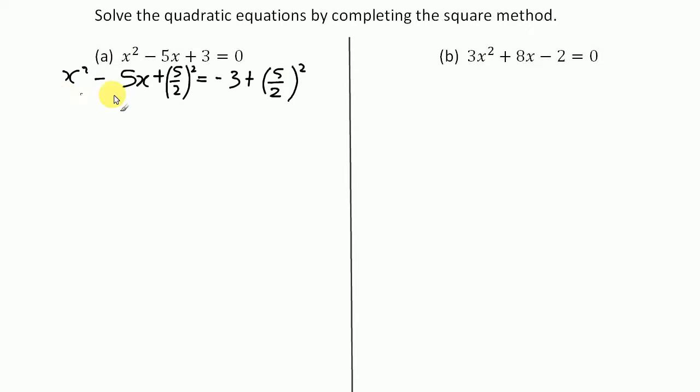These three terms form our perfect square. In other words, it can be rewritten as x minus 5 over 2 squared.